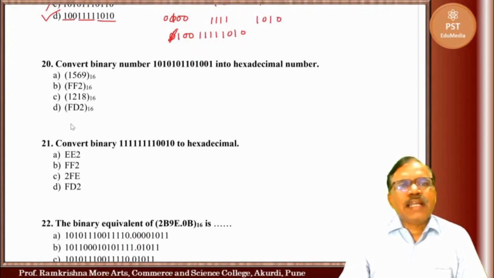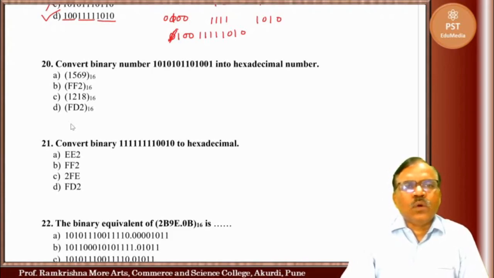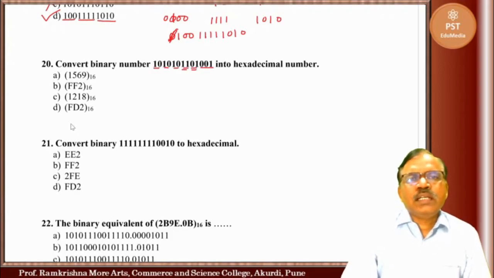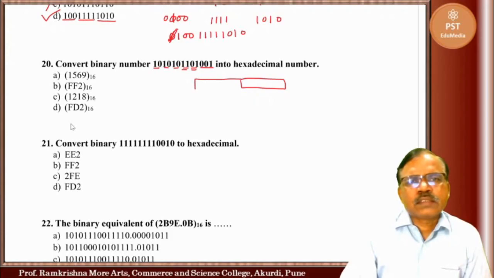Now convert binary number 101011010011. So here we have to group into 4 bits. So we'll group here like this. So let us take first 4, this.